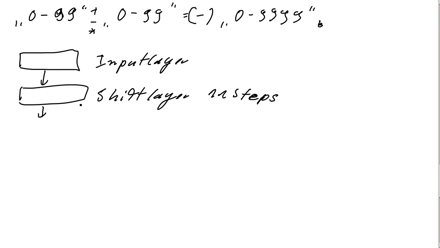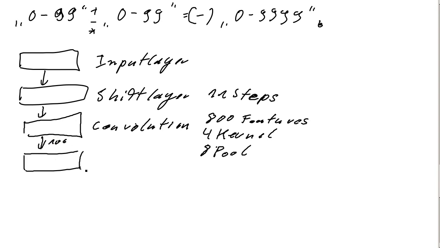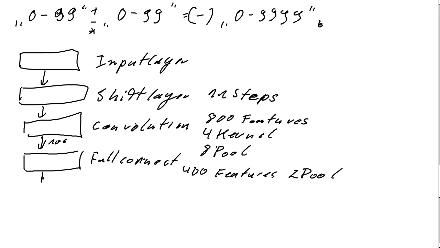The next layer is a convolution network that has 800 features with a kernel of 4, and we make a pooling of 8 values that gives us a feature amount of 100. The next layer is a fully connected layer with 400 features and a pool of 2.